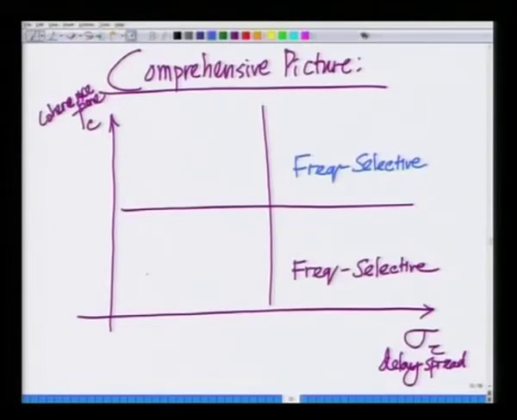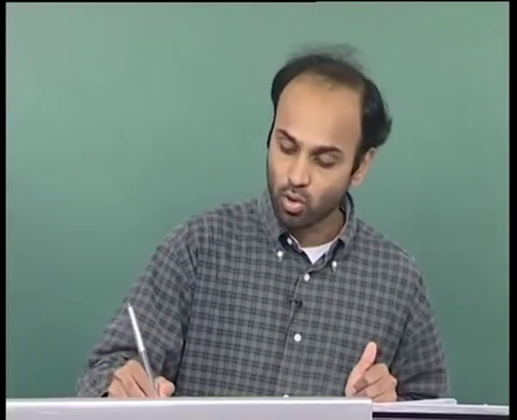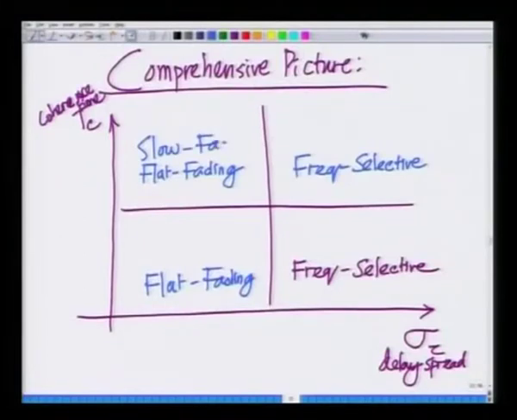For low delay spread, the channel is flat fading. That is, irrespective of the coherence time, in low delay spread the channel is flat fading, in high delay spread the channel is frequency selective. Now, let us look at high coherence time. If the coherence time is high, then the channel is varying at a slow rate, hence the channel is slow fading, irrespective of the delay spread.